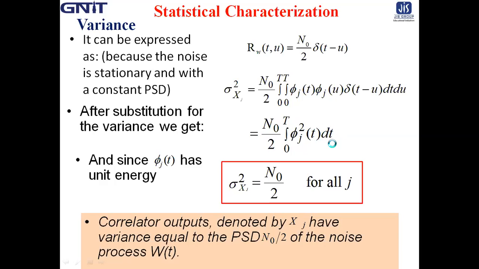Since phi j(t) has unit energy, we finally get the noise variance sigma Xj squared equal to N0 by 2 for all j.